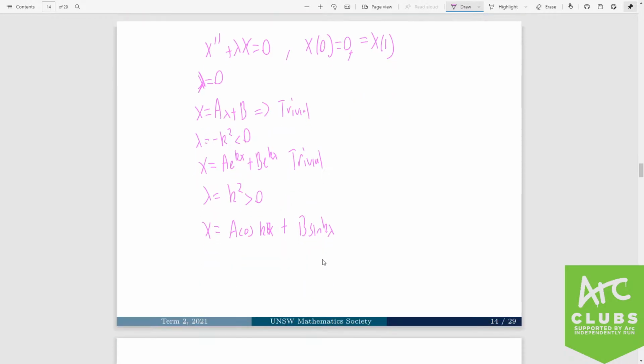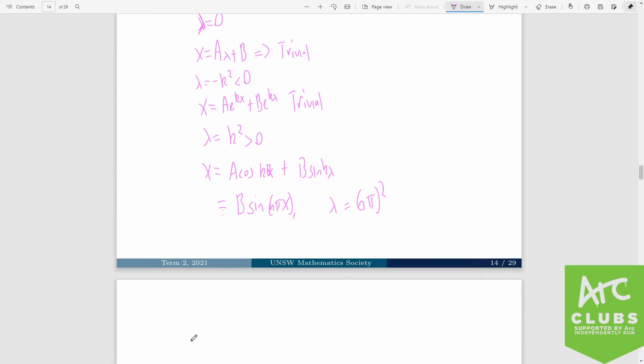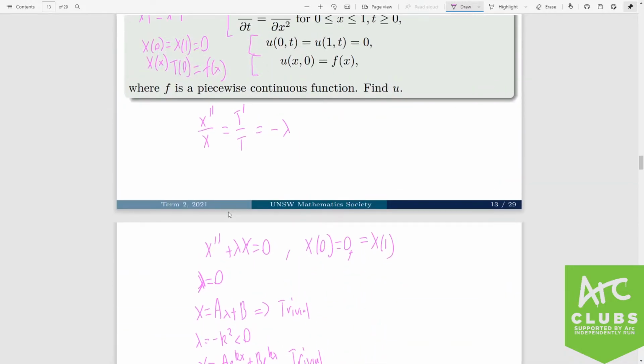And using our boundary conditions, if we sub in our values, we'll find that a disappears, and our solutions will be in the form of b sin n pi x. And then, since lambda equals k squared, this equals n pi squared. So this is our solution for X.